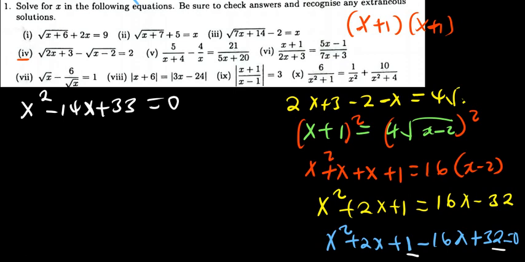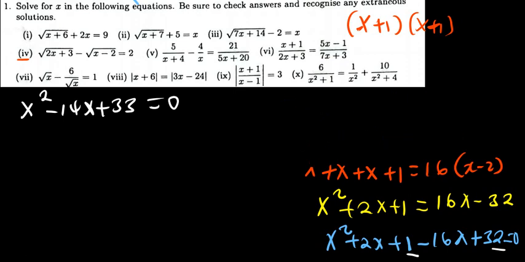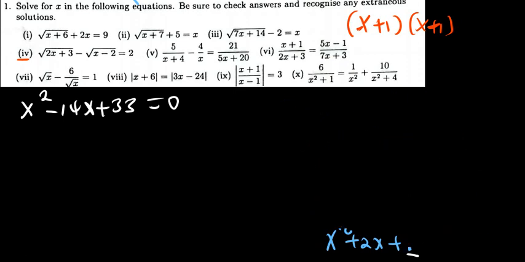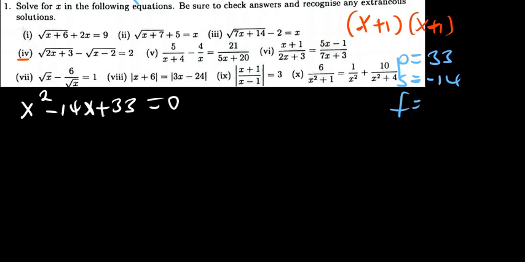Perfect. Now let's get rid of this to create space. So we can clearly see that our product in this case is 33. Our sum is negative 14. So if our sum is negative 14, what will be the factors? Let's see.